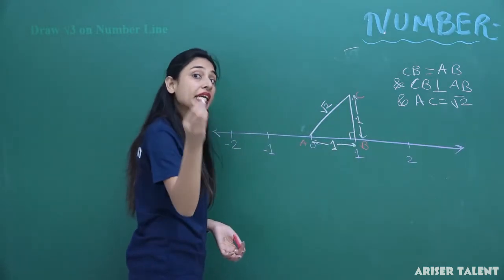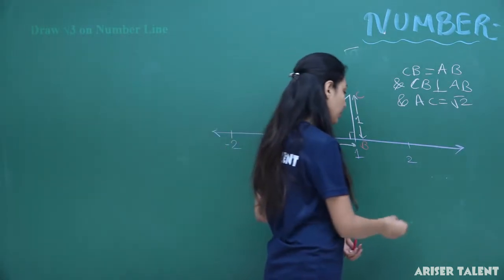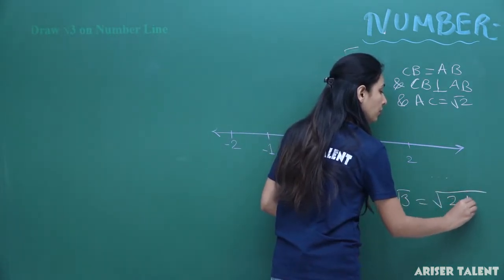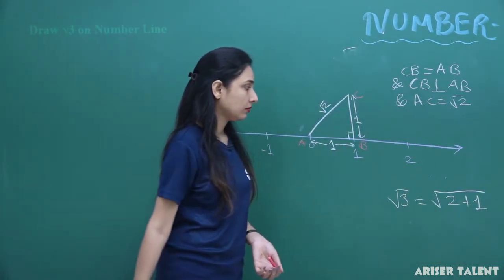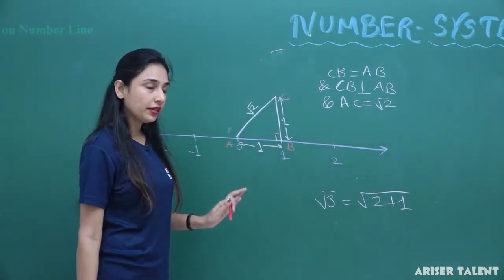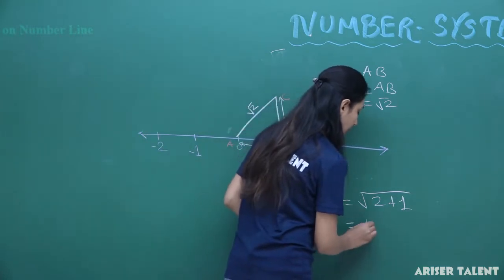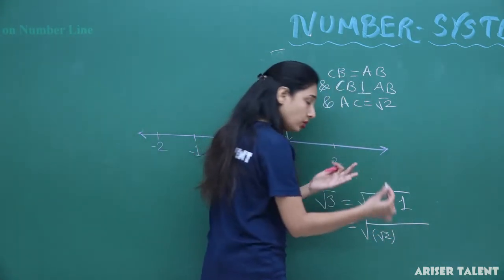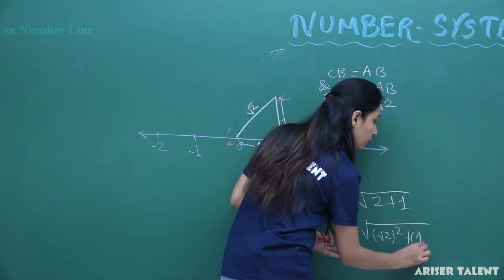Now, if I talk about root 3, I can say that root 3 equals root of 2 plus 1. That can be further regarded as root 2 whole squared plus 1 whole squared.